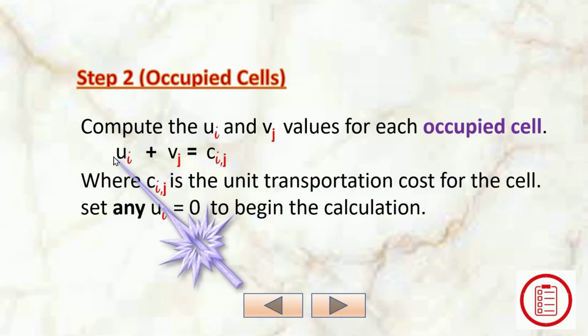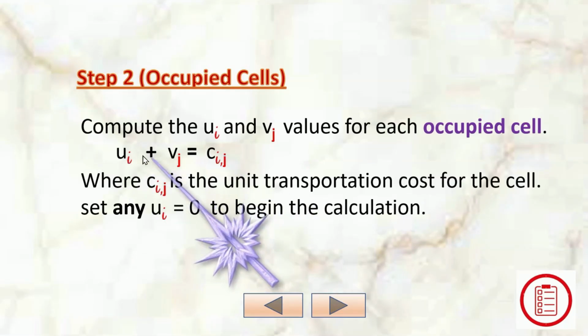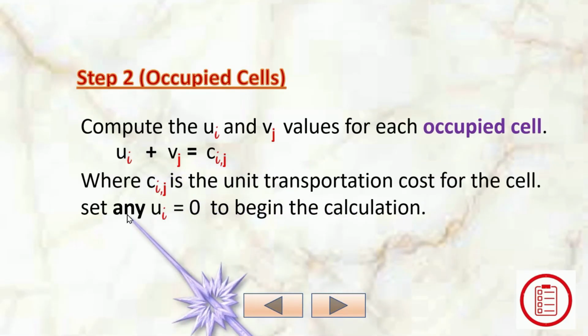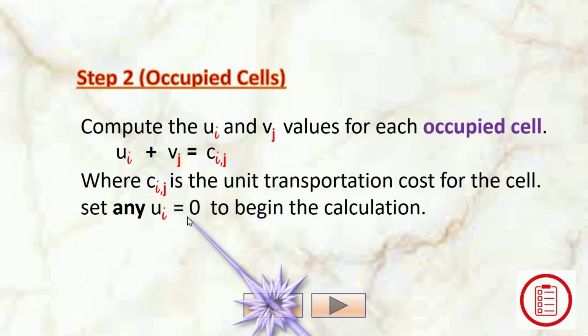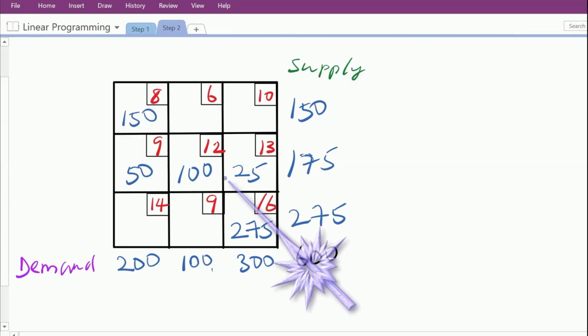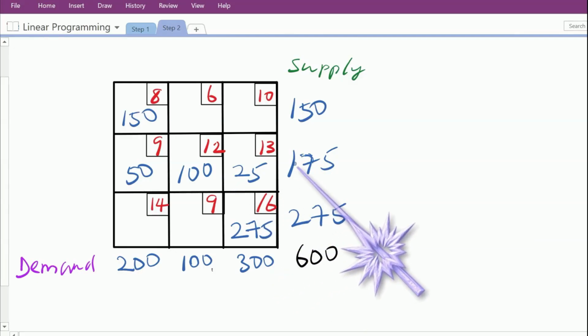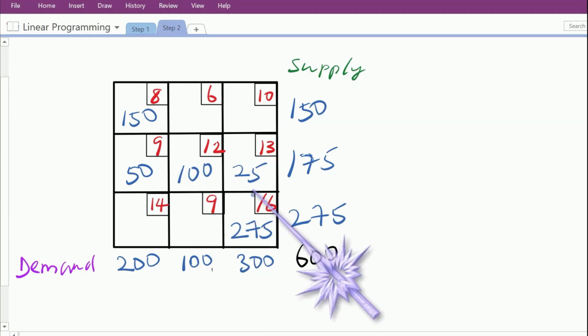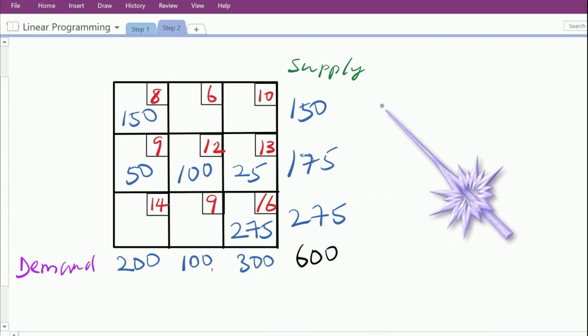And before you start carrying out the computation, you set any of the Ui's to 0. Okay. Now the next thing we're going to do is to calculate the Ui's and the Vj's for the allocated cells. So we go straight ahead.